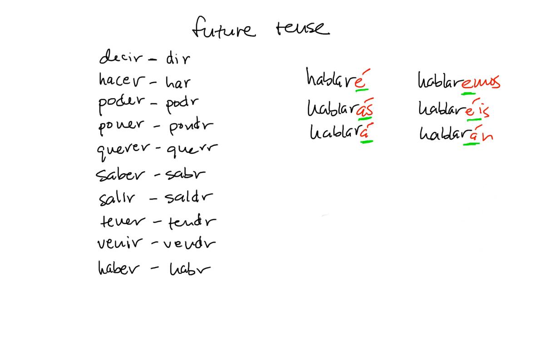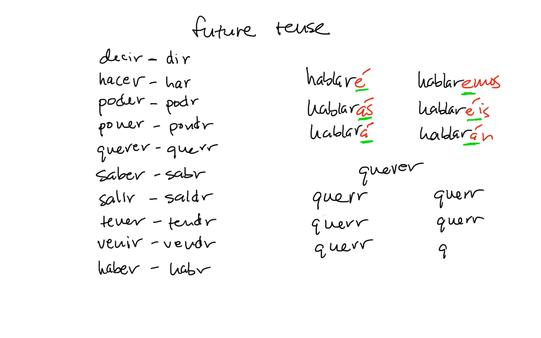Okay, let's try another one. Let's try querer. That's a little bit unusual because you end up with the two R's there. Oops, we want to go back to our black again to start us off. Querer. So the root is going to be querr for all six forms.